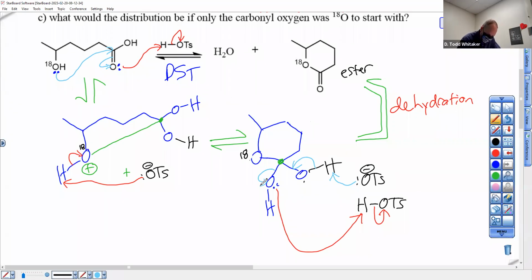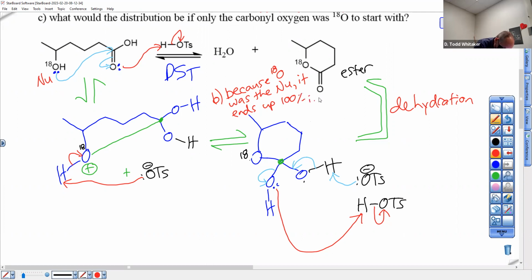And just a brief comment for B. Because O18 was the new, and where was it a new? It was a new right here, new. It ends up 100% in the ester.